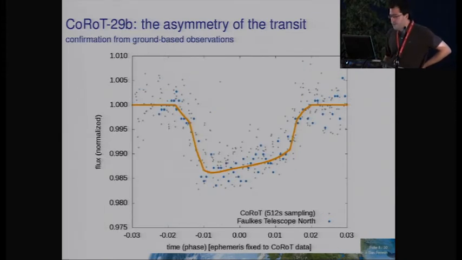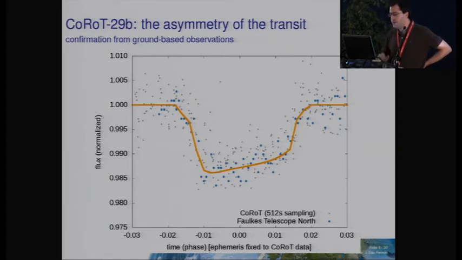Of course, to make sure that we are not making some mistake, we tried to confirm this from the ground. Here we have the superposition of the CoRoT observations, which are the gray dots. I don't know how well you see them, they are faint. The blue dots are observations from the Faulkes Telescope North, a 2-meter telescope in Hawaii. I overplot, this is not a fit, I just overplot the model from CoRoT on the observation from the ground.